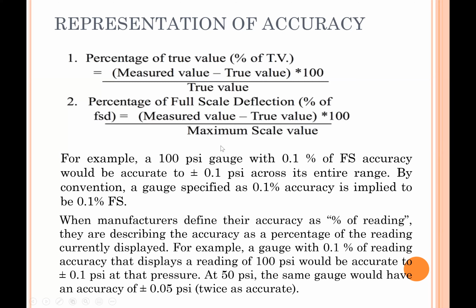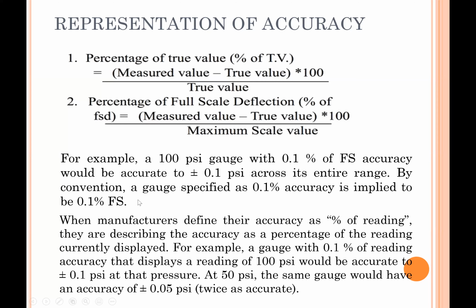So if I am having a gauge which has a complete range of 100 psi, that means from 0 to 100 psi pressure it can actually measure, and we say that it has a full scale accuracy of 0.1%.